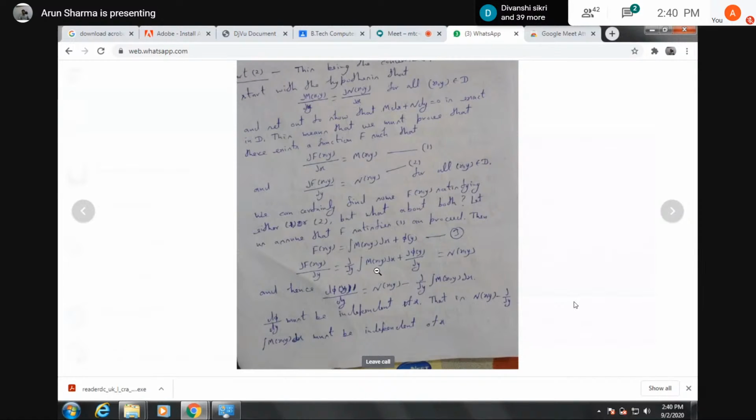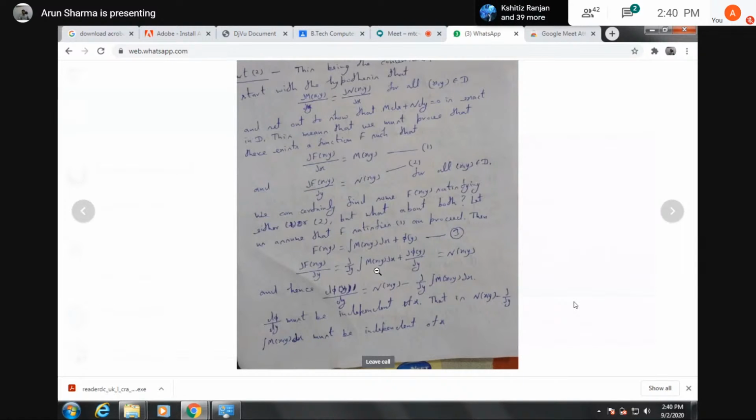So now if you see this dφ/dy, dφ/dy is just a function of y. That means it must be independent of x. What is the meaning of this?